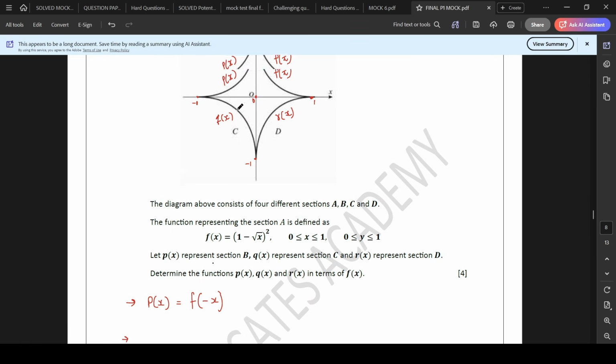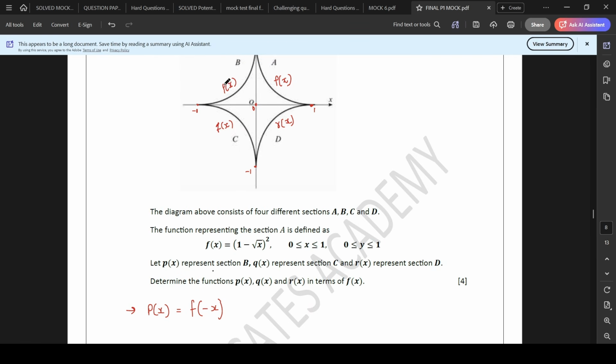Now what about q(x)? Once I have p(x) expressed in terms of f(-x), what do I need to do to f(-x) so that it converts to the bottom? So it's a reflection around the x-axis.